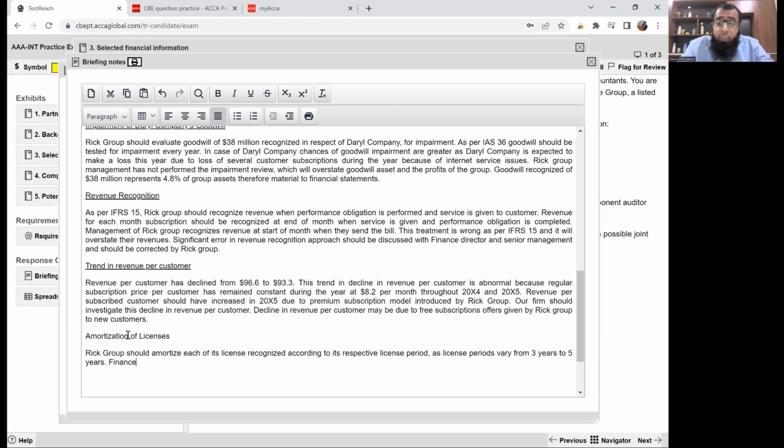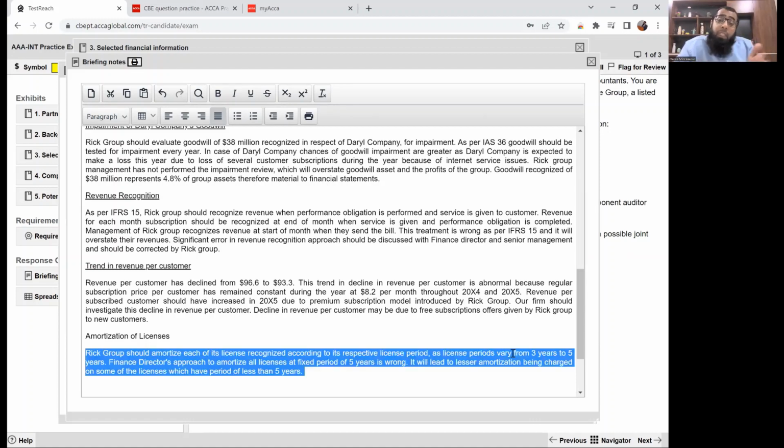Finance director's approach to amortize all licenses at a fixed period of 5 years is wrong. I would say it is not correct, it is wrong. It will lead to lesser amortization being charged on some of the licenses which have a period of less than 5 years, because it's clearly written that the license period varies from 3 years to 5 years.